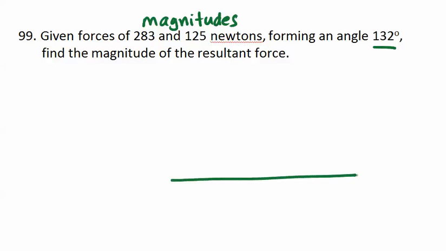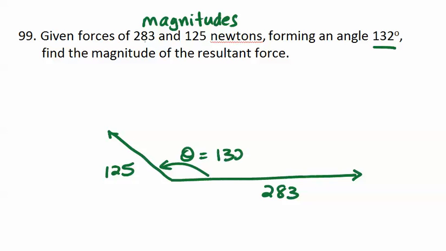So simply make a diagram. Think about how large a 132 degree angle would be, and notice that the 283 is more than twice as long as the other. So I'm going to let this one be my 283 magnitude vector, and this one be the 125 magnitude vector, and this angle, and again I just roughly estimated an angle of 132.